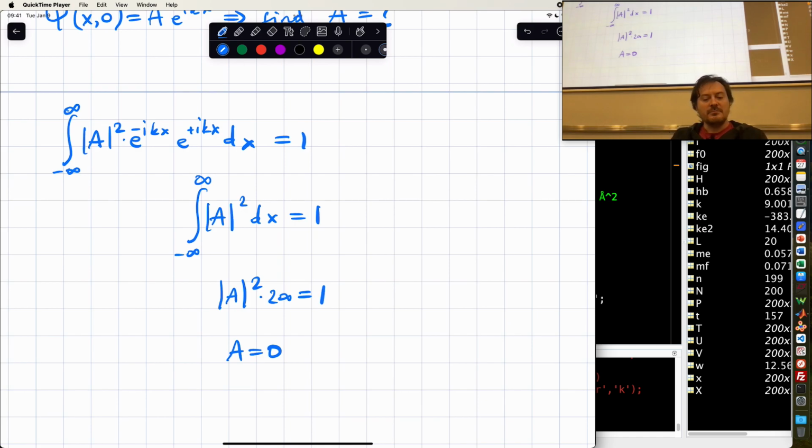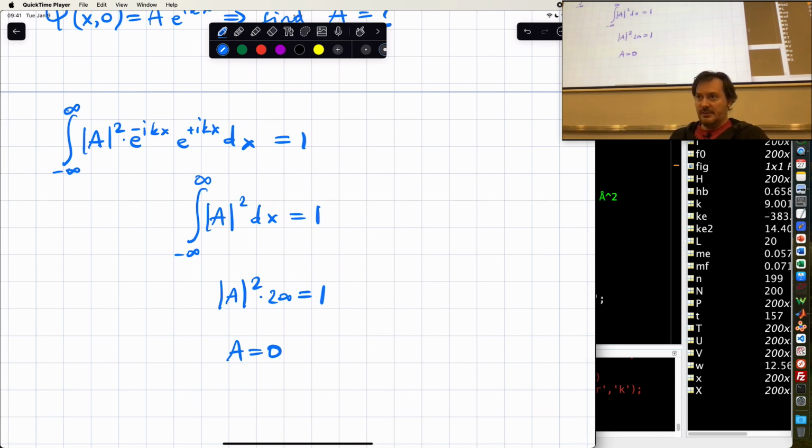Okay? How do we deal with that? How do we deal with that? You introduce another method to find A. No, normalization is normalization.